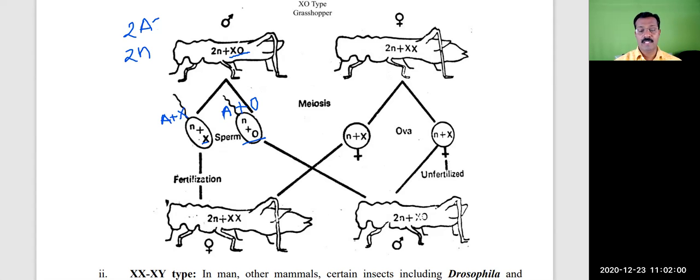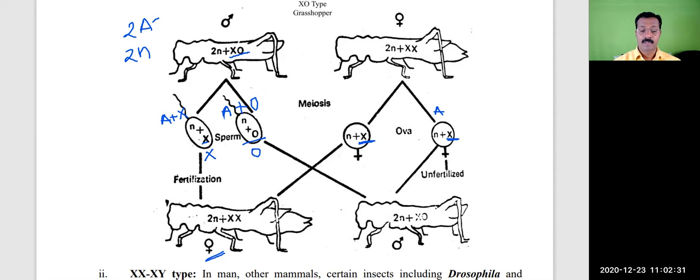So out of this X and 0 sex chromosomes from the male, one will be the X and one will be the 0. Likewise, in the female both of the sex chromosomes are similar type, X and X. Remaining body chromosomes will be there in the form of N or A. Now, this X and this X fuse together, then there will be the female.